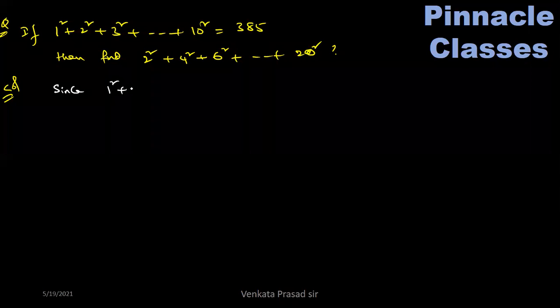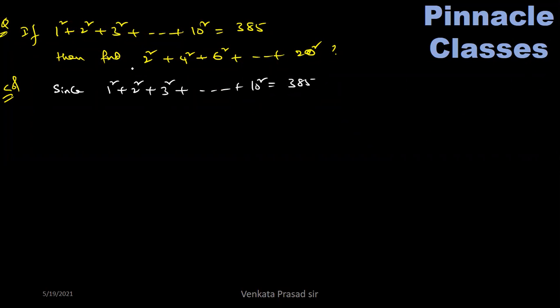This is nothing but the given value. Now 2^2 plus 4^2 plus 6^2 and so on up to 20^2.